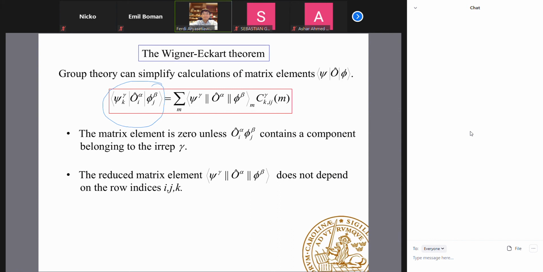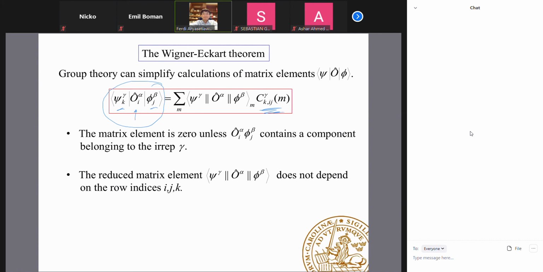So we have some sets of irreducible operators, not vectors, alpha i, and we have two functions or two states which transform according to irreducible representations gamma and beta. And the Wigner-Eckart theorem tells us that this is just proportional to the Clebsch-Gordan coefficients.